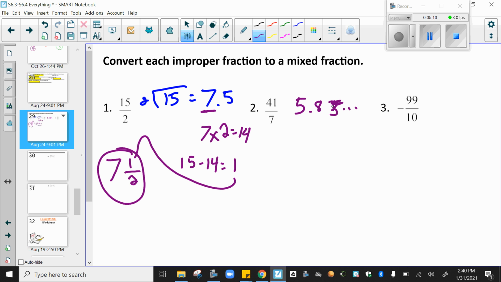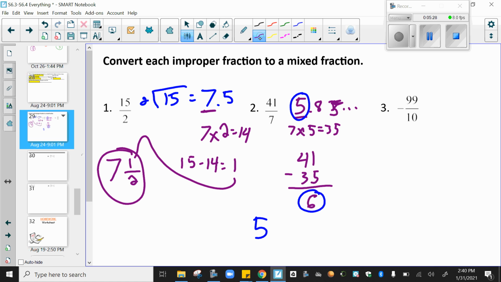So 7 times 5 equals 35. Then we're going to take 41 and subtract 35 to get 6. All right? This 5, that's our big number. This number becomes our little number. Our bottom number stays the same. So this is going to be 5 and 6/7.